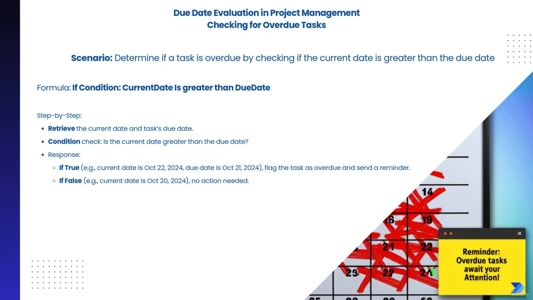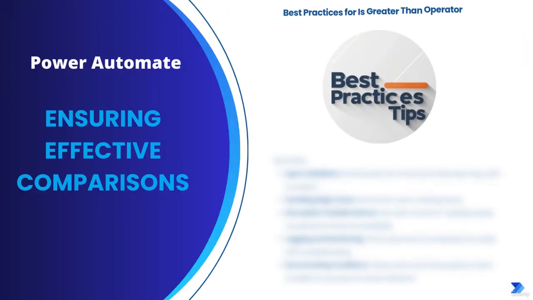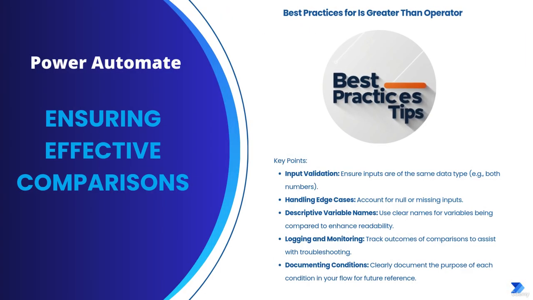Flag the task as overdue and send a reminder to the responsible team member. If the current date is October 20th, 2024, and the due date is October 21st, 2024, the condition returns false. No action is needed.